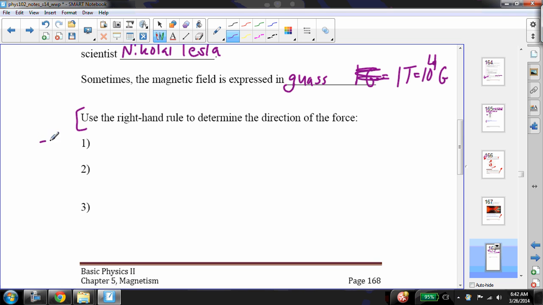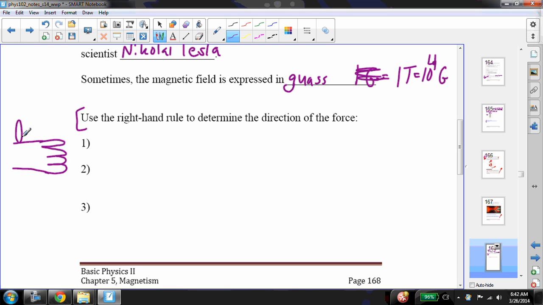Let's see how I can draw a hand. Here's a hand. That's the pointer finger. All right, that's very large, it looks more like a foot, doesn't it? There's the thumb. All right, we're going to use the right-hand rule to determine the direction of the force.